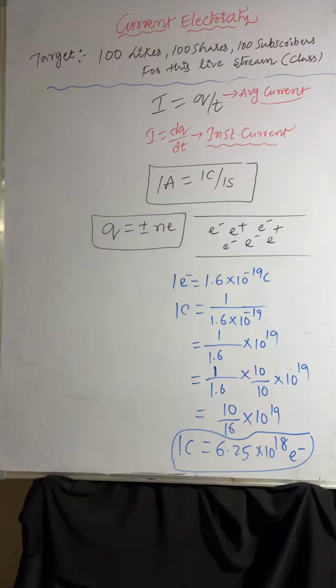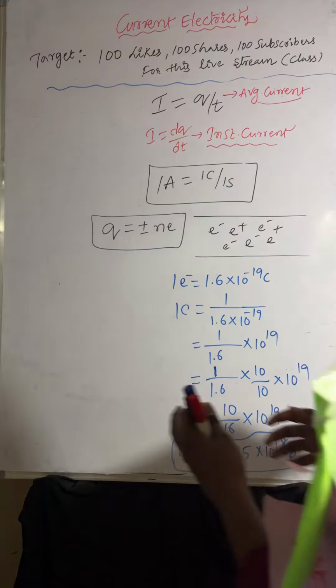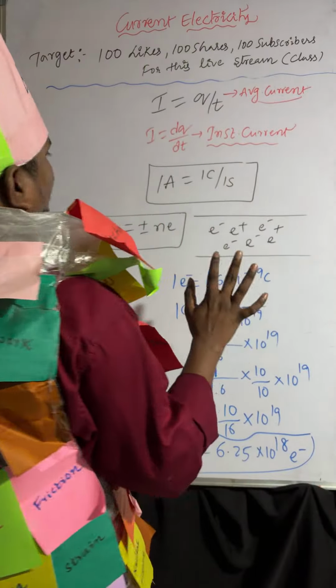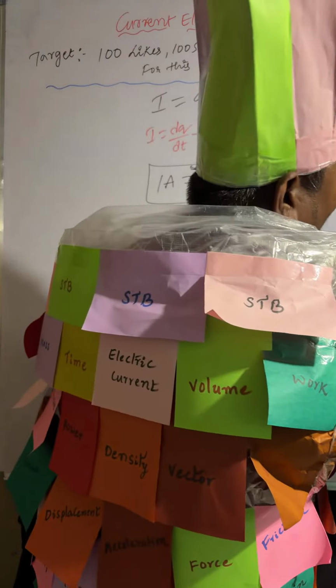Charge is quantized, Q equal to plus or minus Ne. In the conductor, a number of charges are moving, then only we can say current is flowing. On one electron, 1.6 into 10 power minus 19 coulomb. In 1 coulomb, 6.25 into 10 power 18 electrons are present. Understood or not? This is about electric current.